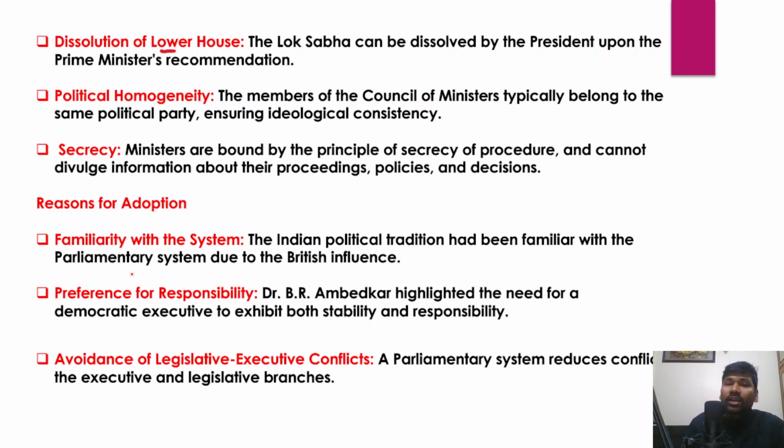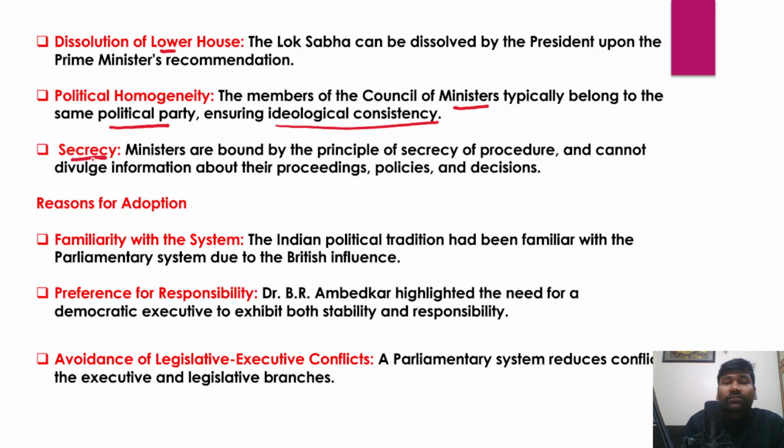And in the parliamentary form of government, the other major feature is political homogeneity. This essentially means the members of the council of ministers typically belong to the same political party, and it ensures ideological consistency.